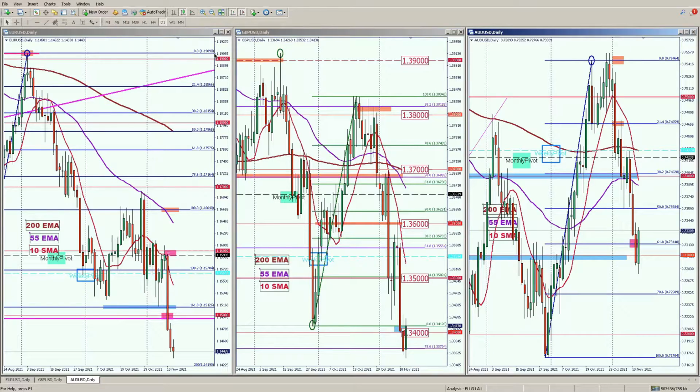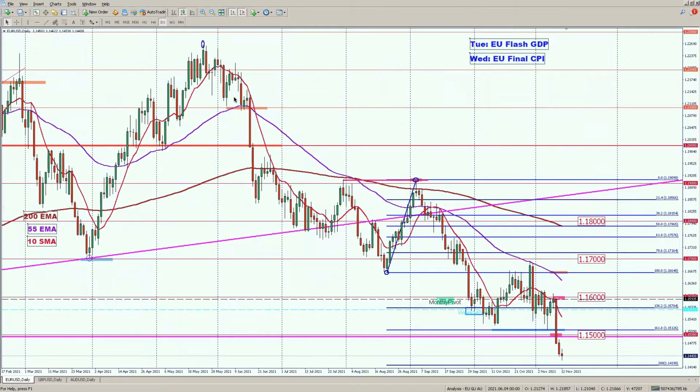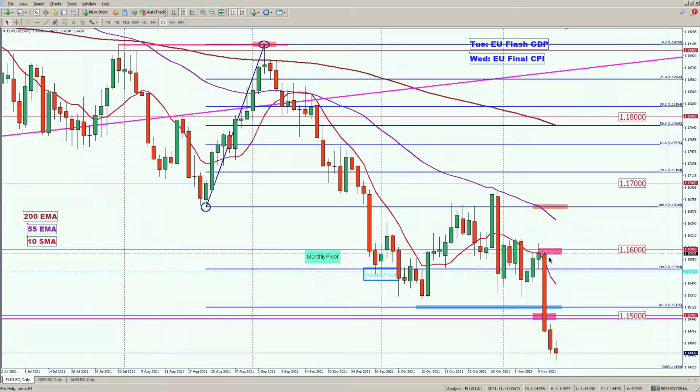Let's begin with the Euro, where basically there was only one major news event that triggered the bearish move on Wednesday. That was from the US CPI figure, which was better than expected.